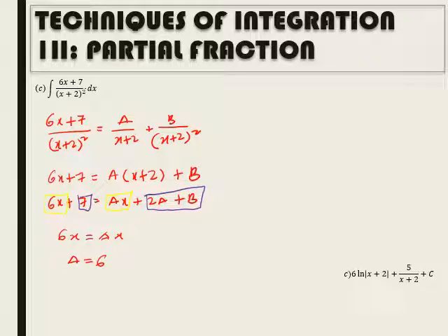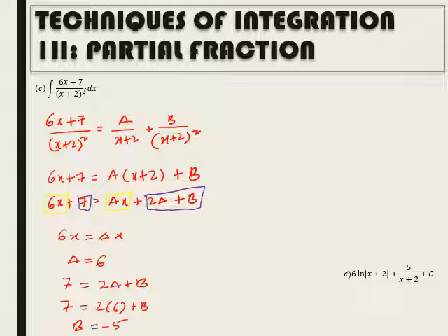Since we know that a is equals to 6, the second equation we have 7 equals to 2a plus b, 2 times 6 plus b, so b must be equals to 7 minus 12, which is equals to negative 5, right? Negative 5 or positive 5? Negative.